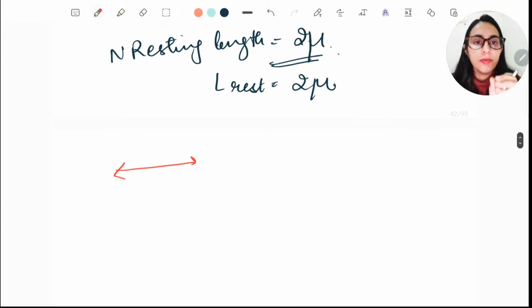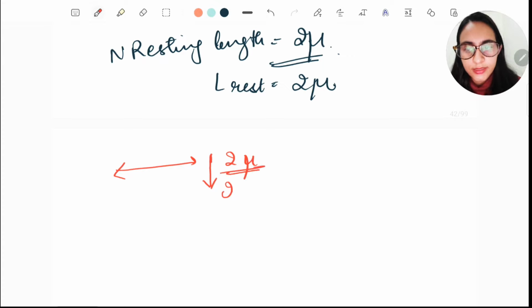Once you start putting weight or pressure onto the muscle, there is an increase in the length of the muscle, so from 2 microns at rest, it goes to 2.1, 2.2.